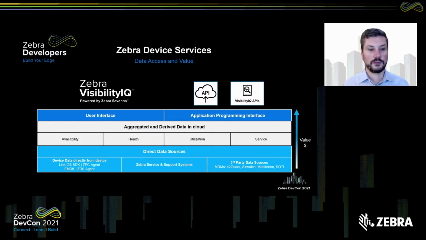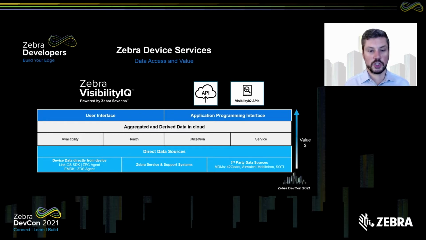In the bottom left, you can see we're pulling data directly from the devices. Many of you are doing that as well, working with our LinkOS SDK on the print side, or the EMDK, or even DataWedge, and other tools on the mobile computer side. One of the things we're taking advantage of are agents that Zebra has built into the devices.